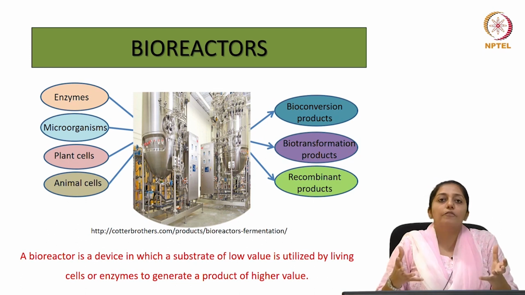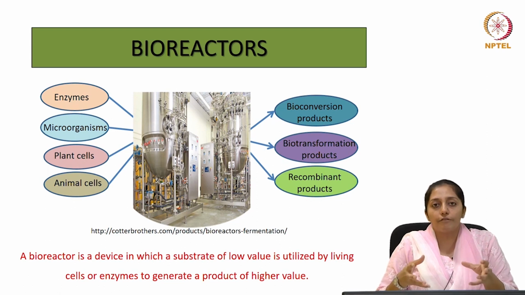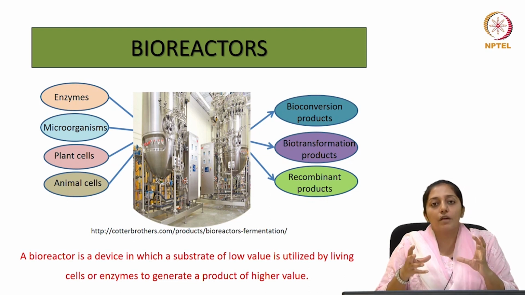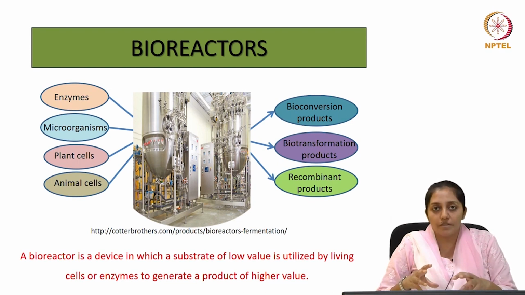Now there is a third set of products which can also be achieved in bioreactors, which we call recombinant products. Recombinant products are a result of certain reactions which are not present in the native organism. So to say, which are not inherent to the native organism, but the organism has been engineered deliberately to carry out those set of reactions, which we call genetic engineering.